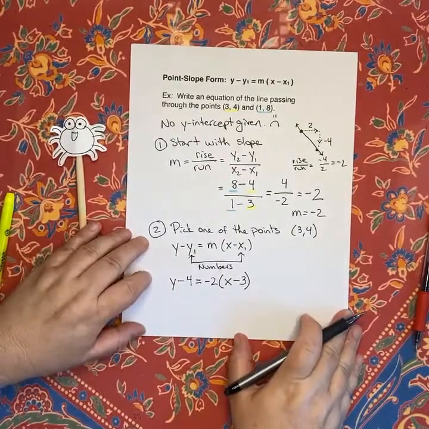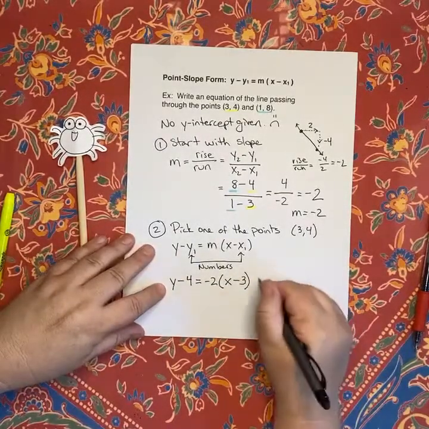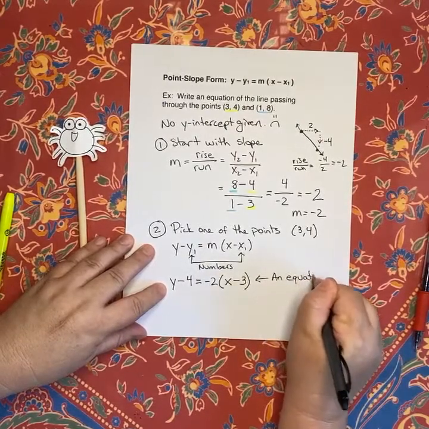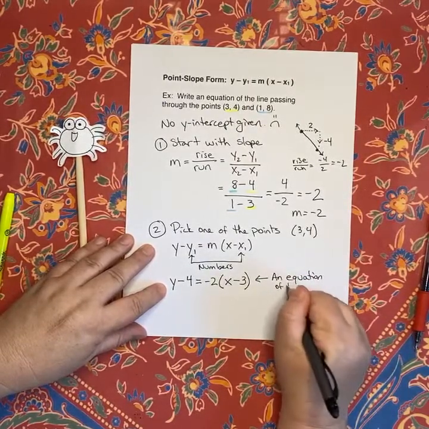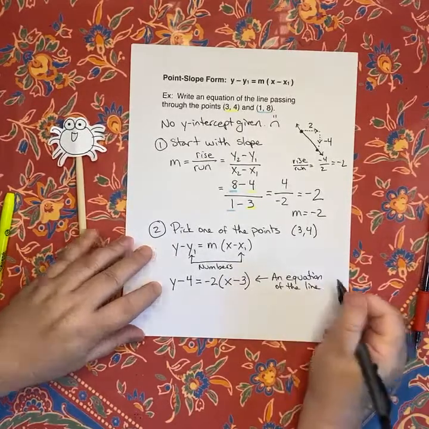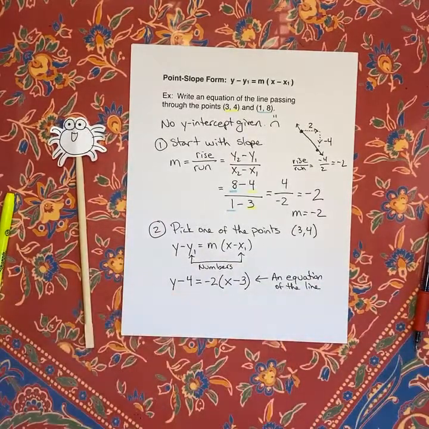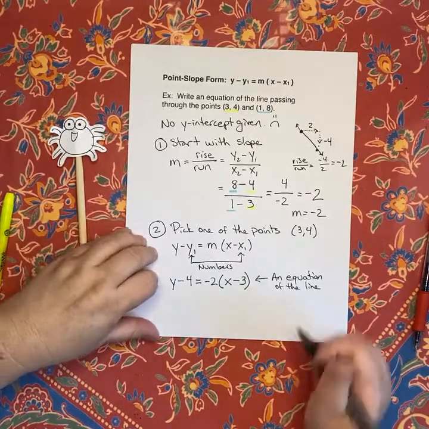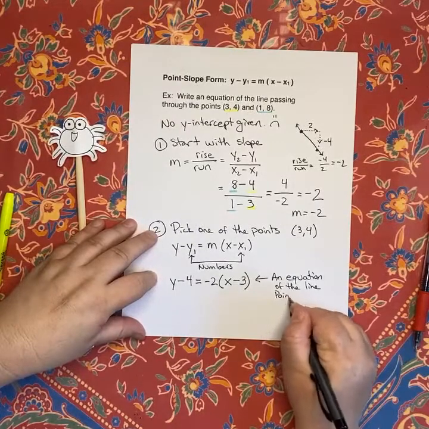Okay, so this is an equation. And if someone asks you what's an equation of the line, you can stop here. But if they say, nah, I want it in slope-intercept form, which is very common, this is in point slope.